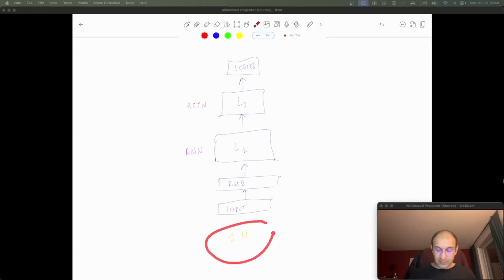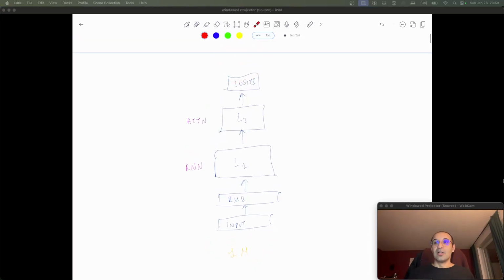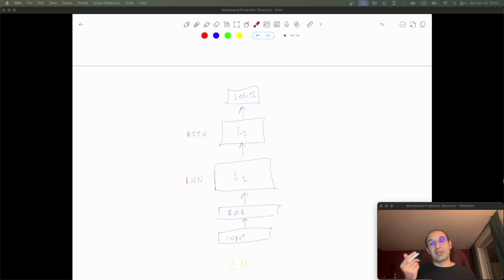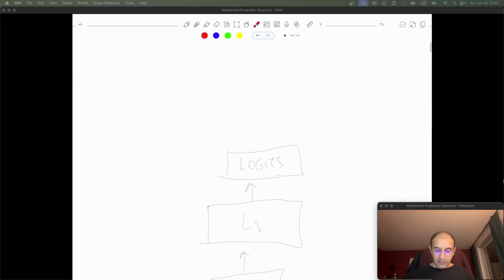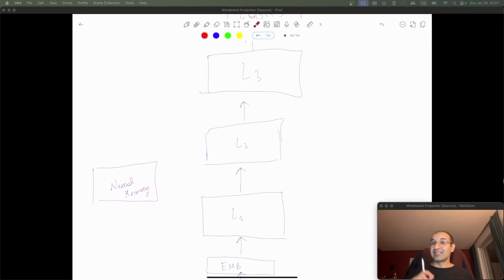So we feed this 1 million tokens at training time, we compute the output. We know what should be the next token, because at training time we know what is the next token. We compute the loss with respect to what we think should be the next token, and then we backpropagate to update the parameters of the model, and we keep doing it for all the sequences that we have. With the Titans, it would work differently.